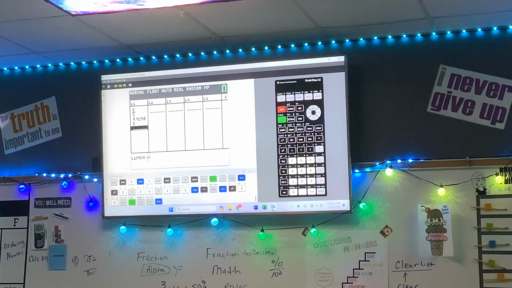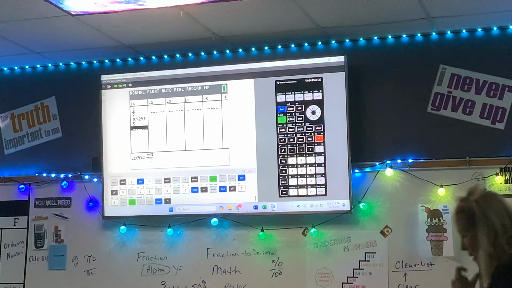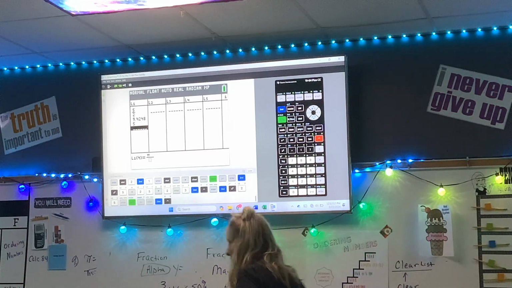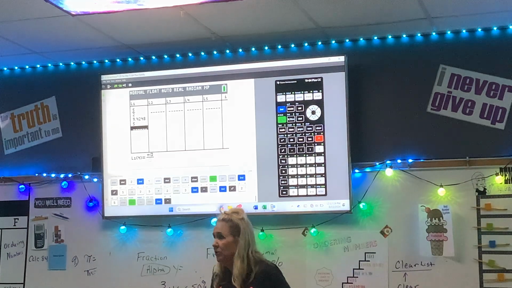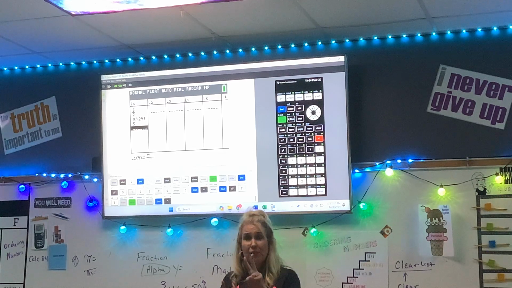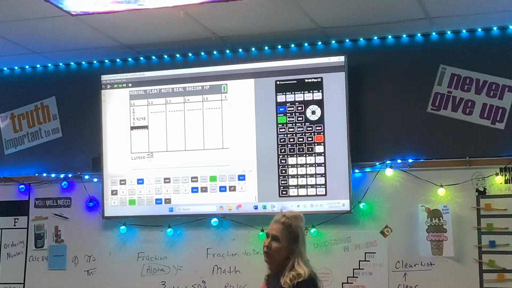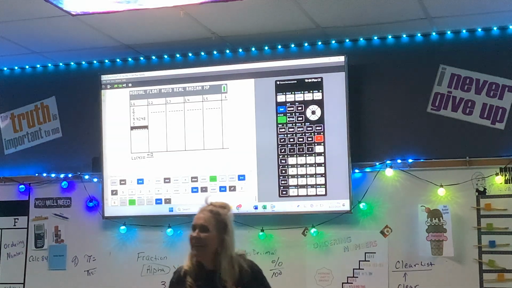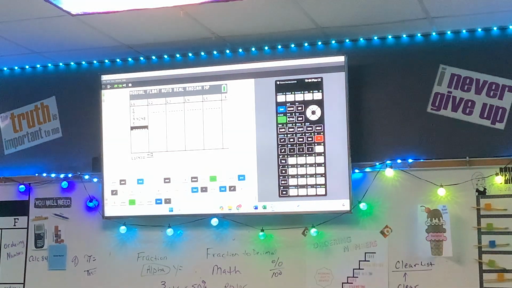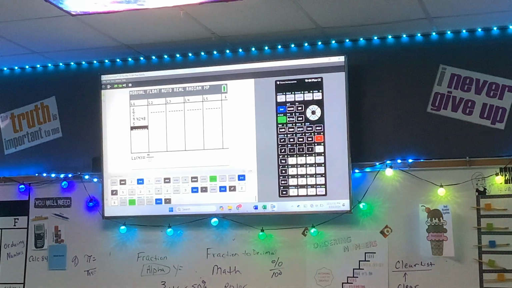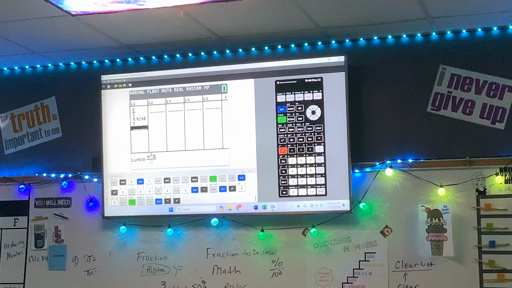So do blue, carrot top, because that's your pi sign. We know how to make an exponent, right? You can hit the carrot top, but if it's a 2, you can hit this X squared button. So then you don't have to hit carrot top 2. Just hit the X squared button behind the pi. And you see it throws a 2. So if you ever have an exponent of 2, you can just hit that X squared button.